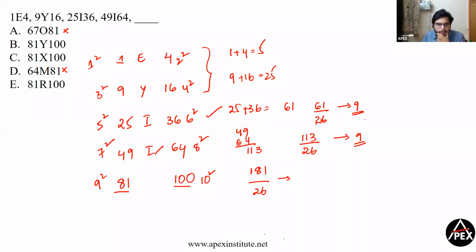Can someone help me? 25, okay. 26 5s are 130. Yes, remainder is 25, and the alphabet corresponding to 25 is Y. So the answer for this question should be option B. Perfect, thank you guys. So 81Y100 should be the right answer.